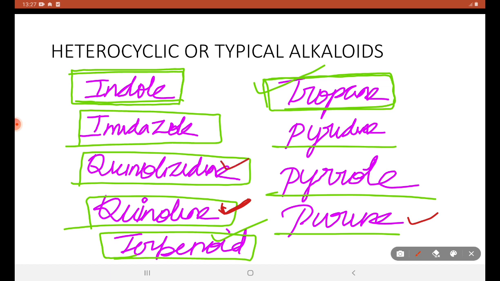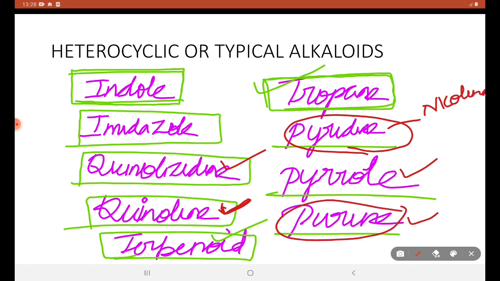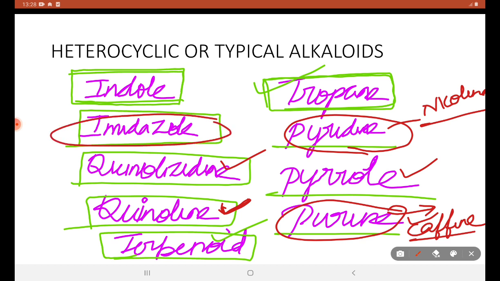Quinazolin, we have crestine. Pyrrole, we have hygrine. Only thing left is imidazole, we have pilocarpine.